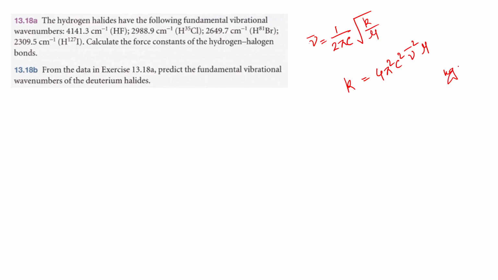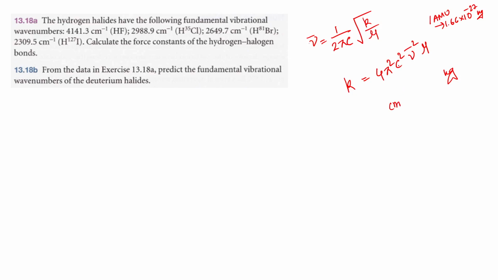So from reduced mass, you are going to get something. Let us discuss the unit of force constant once here, so that if you're doing it for another problem, you are not facing any challenge. Mu is in kg, because you will get it in AMU, atomic mass unit, so you need to convert it into kg. You multiply by 1.6 times 10 to the minus 27 kilogram. 4 pi square doesn't have any unit.